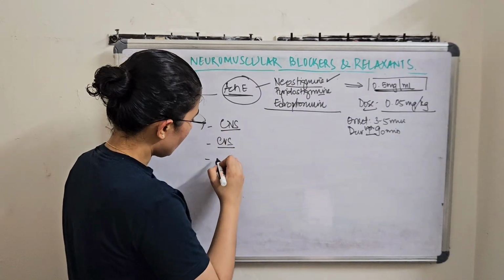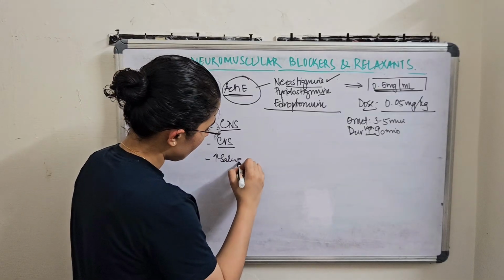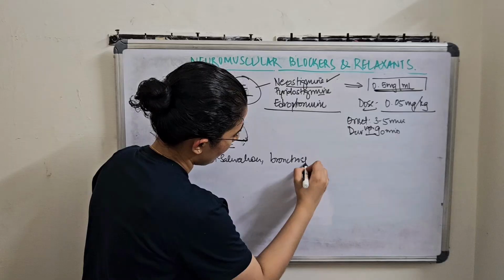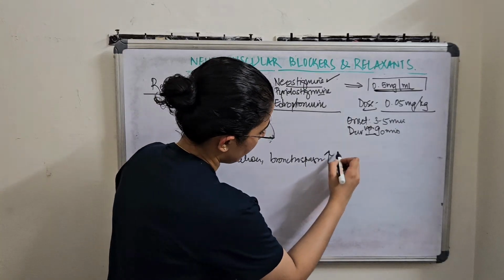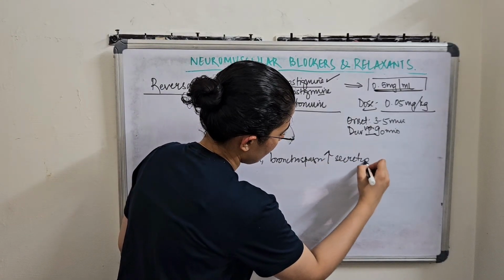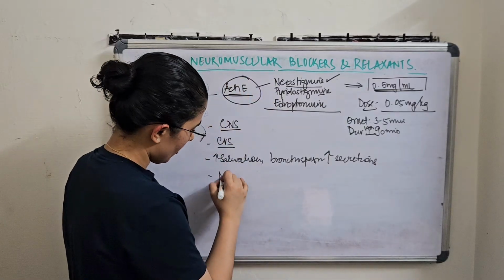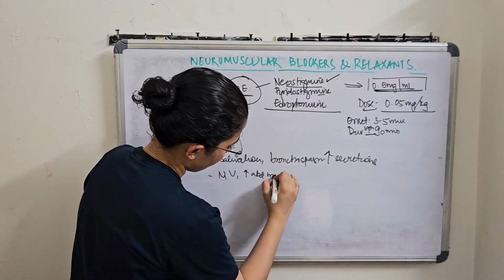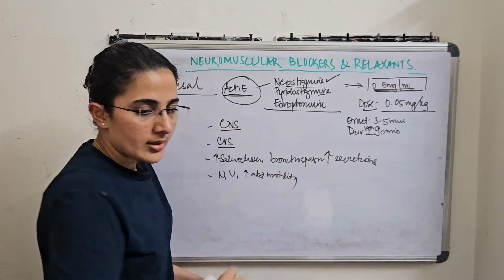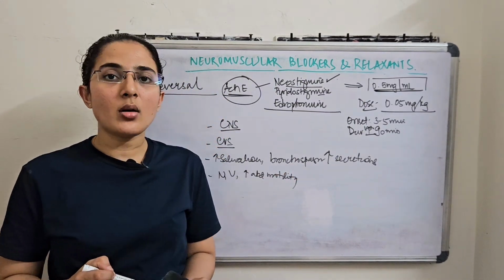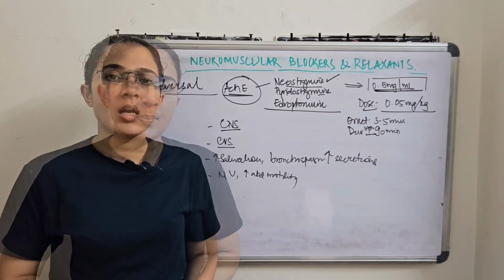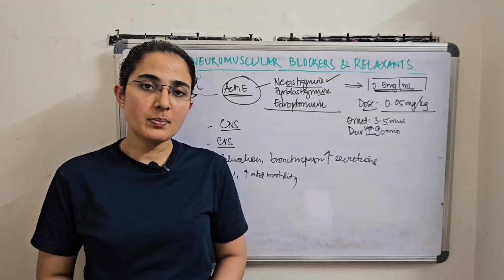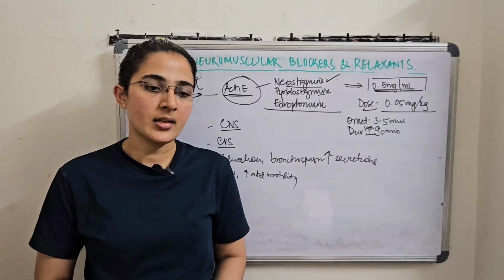Third, it will cause increased salivation, and it will also cause bronchospasm or increased bronchial secretions. Okay. It will also cause nausea, vomiting, and increased abdominal motility, right? So these are the features which we normally see with neostigmine. Neostigmine is metabolized 50% by the liver and 50% gets excreted through the kidneys, right?